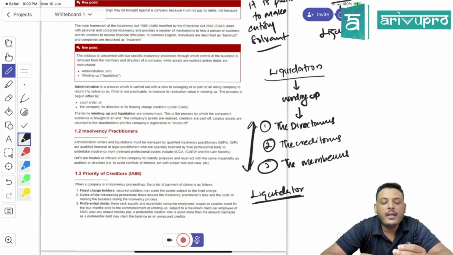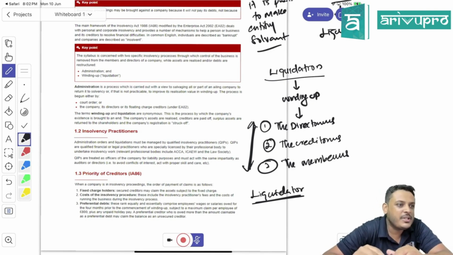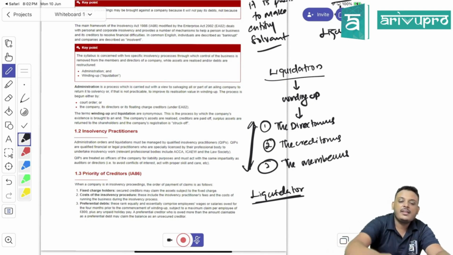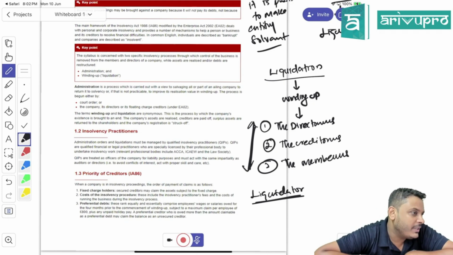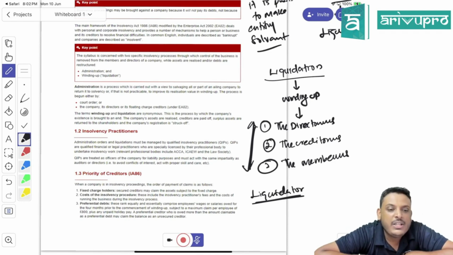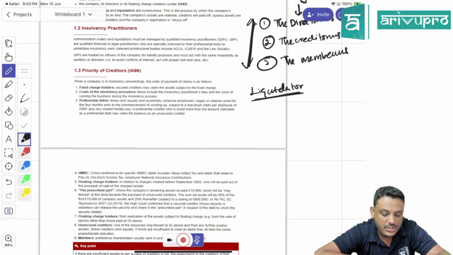When insolvency proceedings are started, that is, when liquidation proceedings are started, there are certain restrictions for the company. Let's see that. Subheading, common features of liquidation.